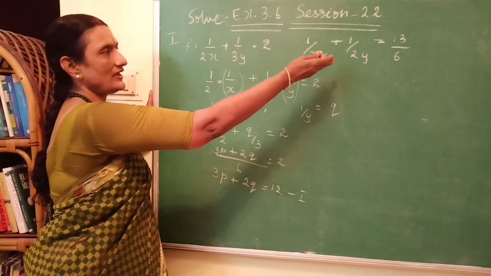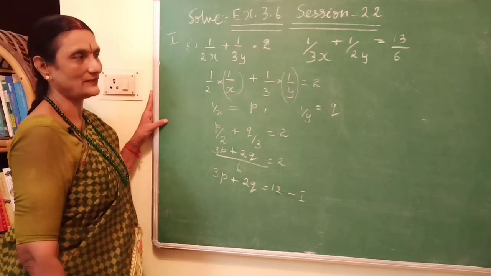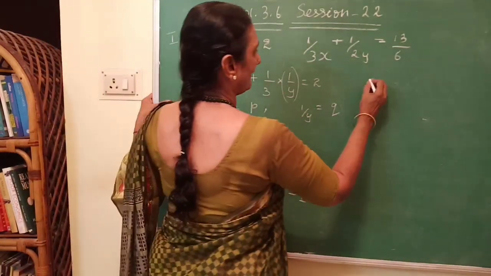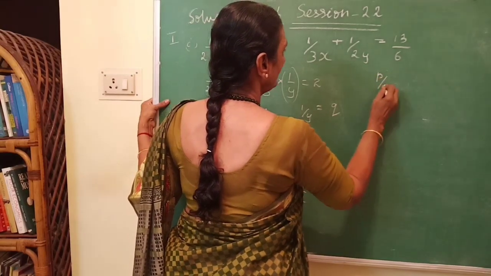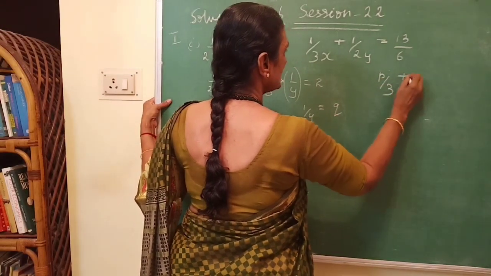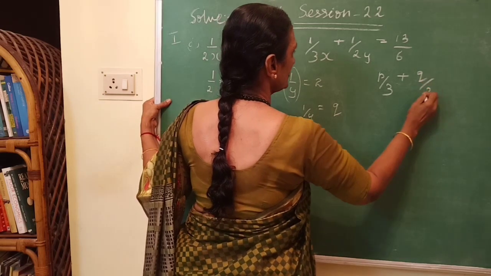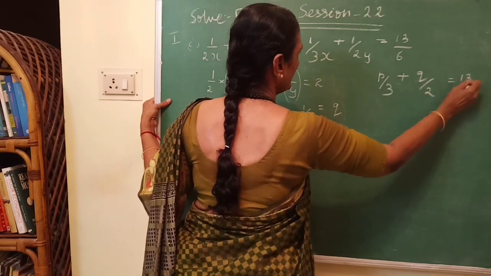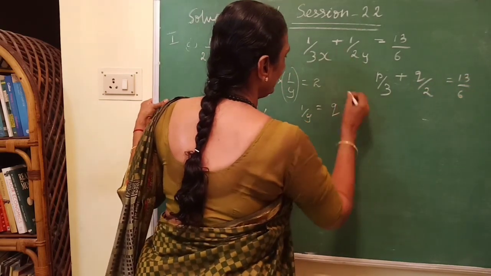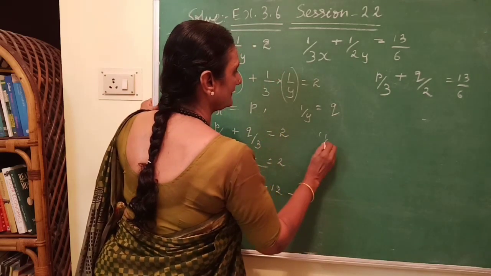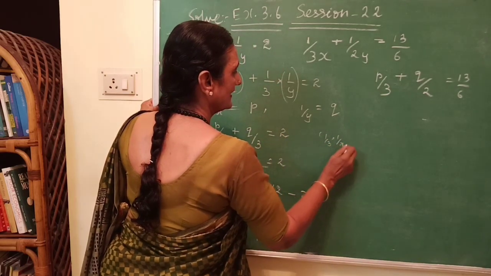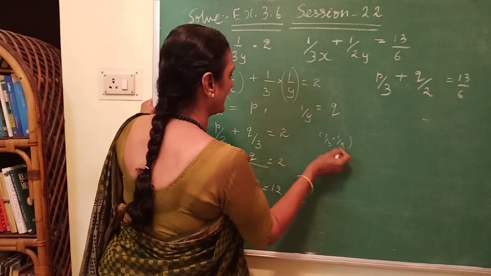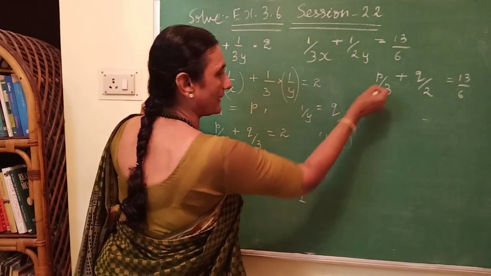Now, similarly, we have to go for the next equation. So, next equation, we can write this as p by 3 plus q by 2 is equal to 13 by 6. So, what is happening here? Here it is 1 by 3 into 1 by x. That is nothing but we have taken this to be p, therefore p by 3.